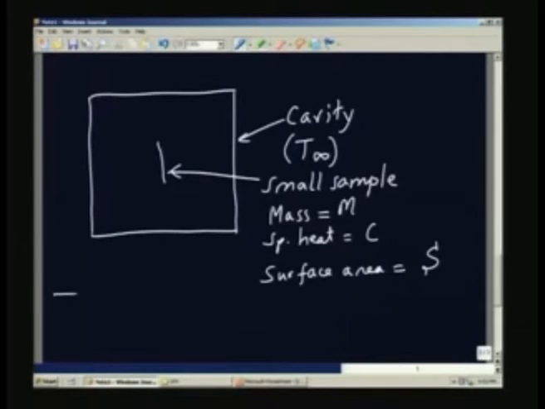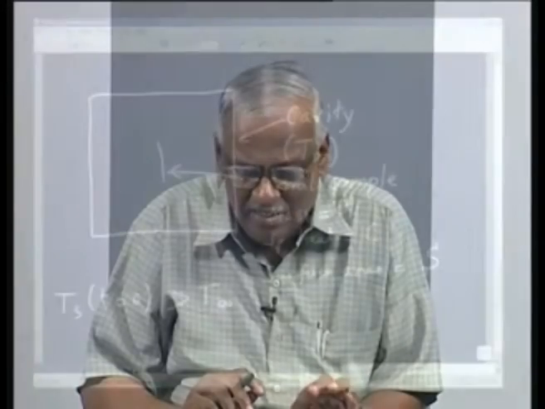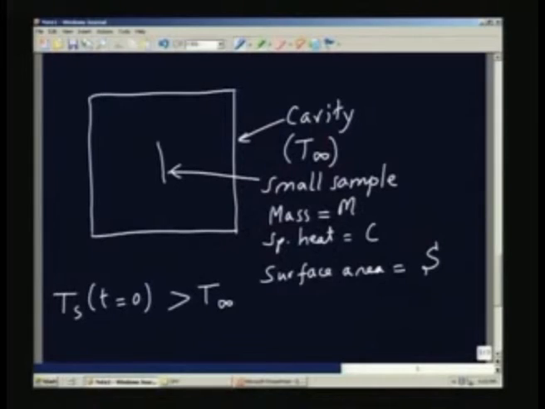So, T sample at t equal to 0 is greater than T infinity, and I will remove the source of heat. Initially the sample is heated to a temperature greater than T infinity, maybe 25 degrees, 30 degrees, 40 degrees, whatever, above the T infinity, and I start allowing it to cool.